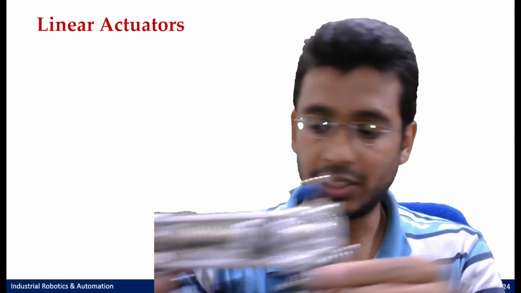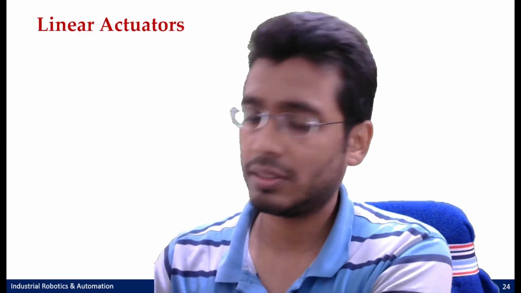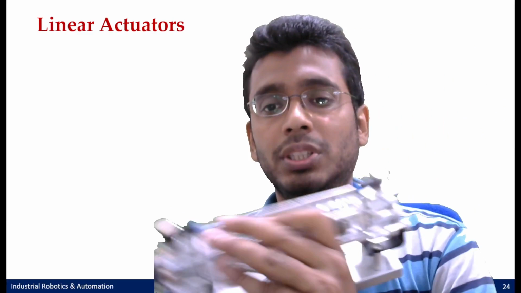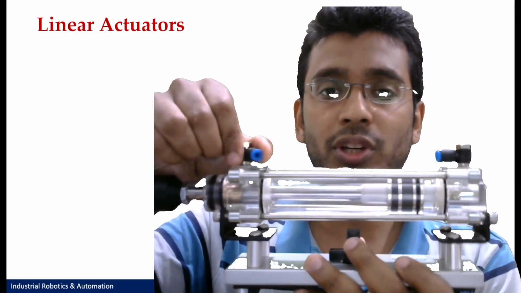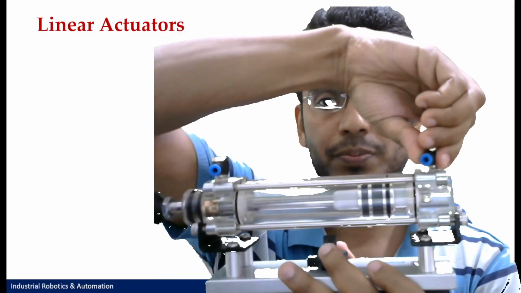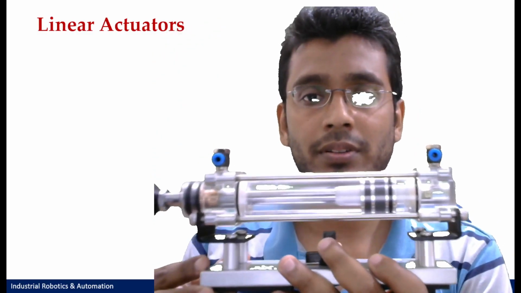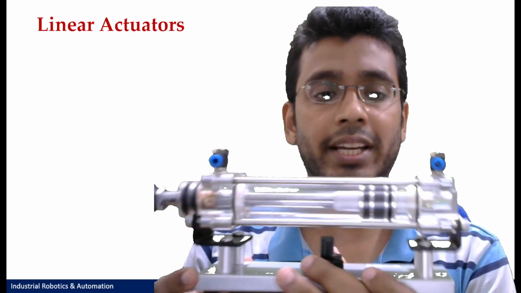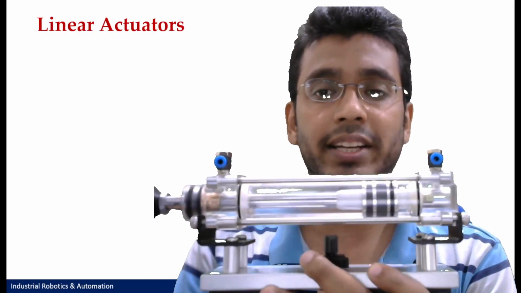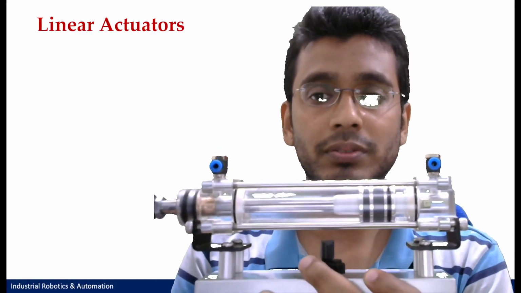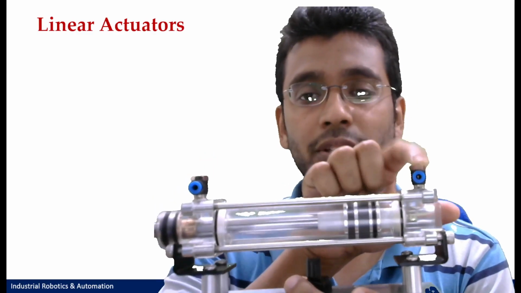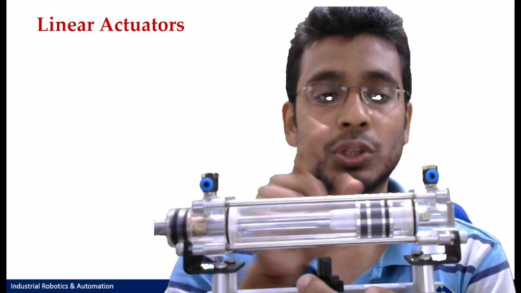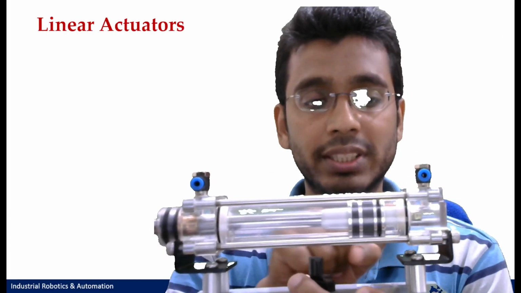Now just have a look at a double acting cylinder. What you can see here is a double acting cylinder, so you have your two ports. Again, if I have to extend the cylinder, what would I do? I would put my pressurized line to this port, so that the fluid enters through this.